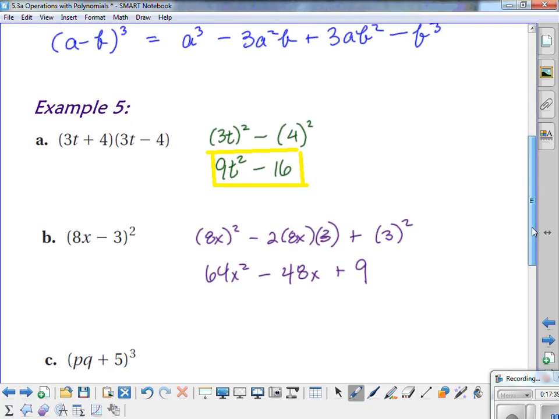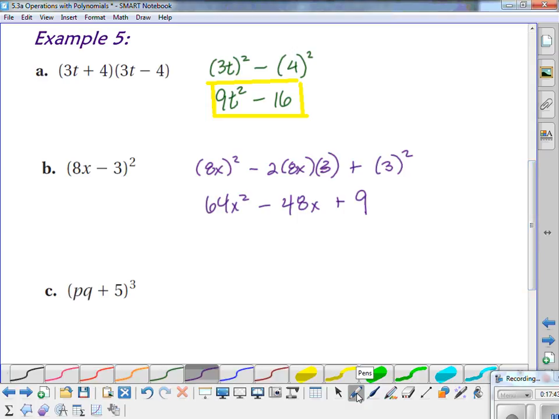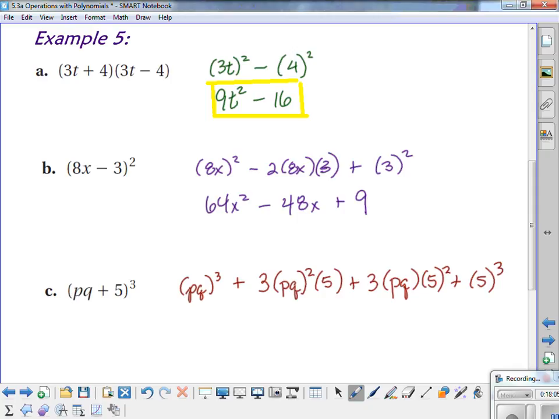And then using the last pattern, I have a cubed, so that's pq cubed, plus 3a squared b plus 3ab squared plus b cubed.